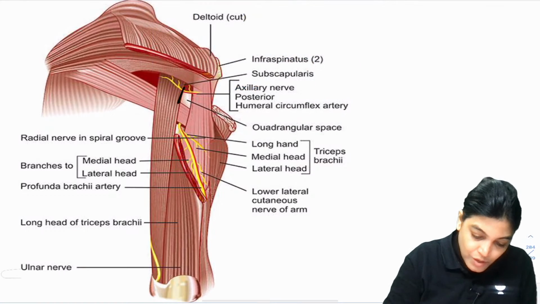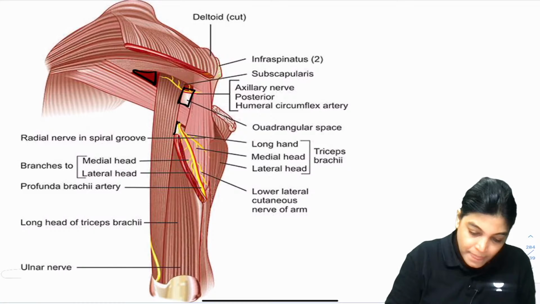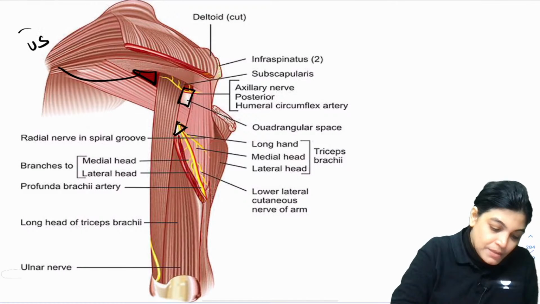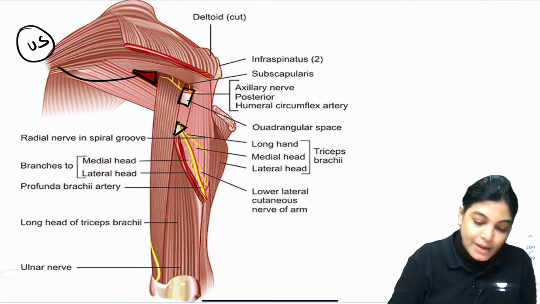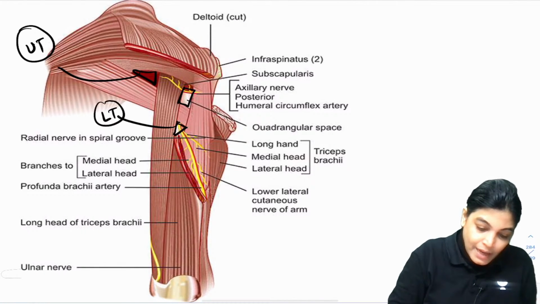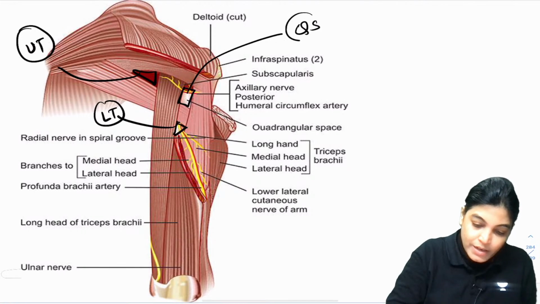This is one space, this is one space, and this is one space. This is UT, that is upper triangular space, this is LT, lower triangular space, and this is QS, quadrangular space.